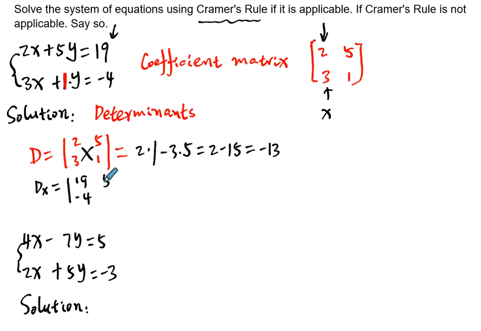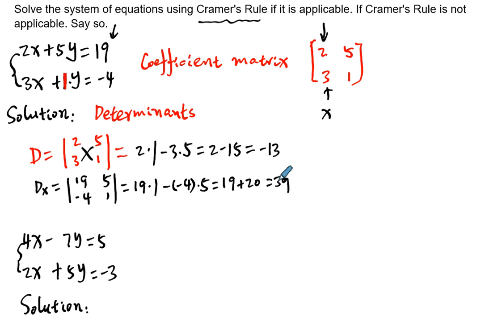The second column, you are not going to change. That will be 19 times 1, subtract negative 4 times 5. What do we get? 19 plus 20, which is 39.